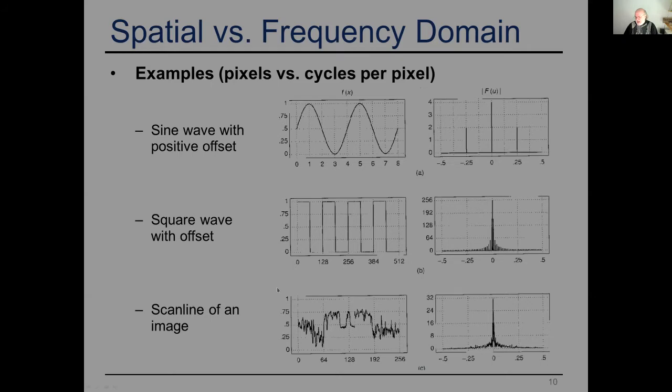And then for a scan line of an image, we see that this is a typical representation of such images. It obviously has a strong component in the average value because all values are positive. So we definitely have a DC value, right? In images, we don't have negative values.